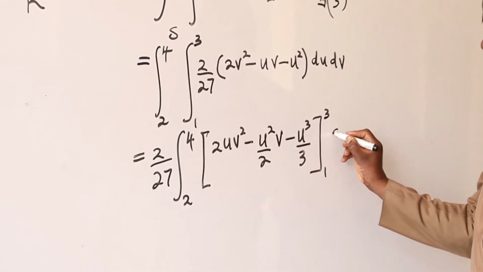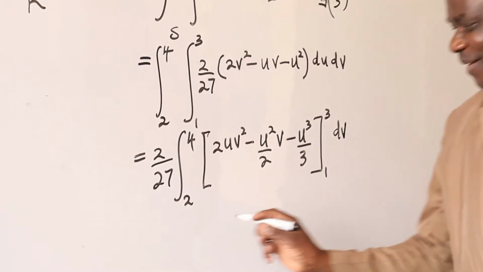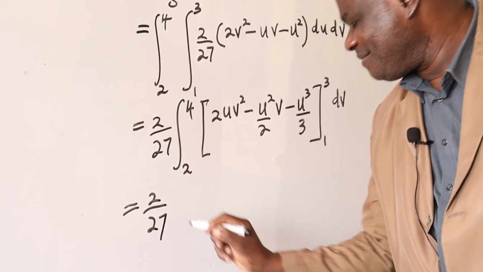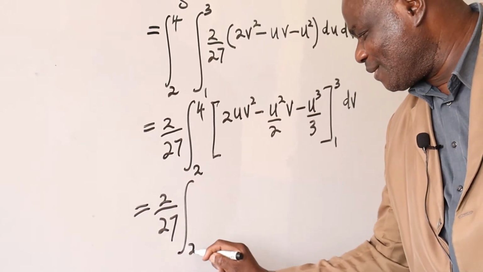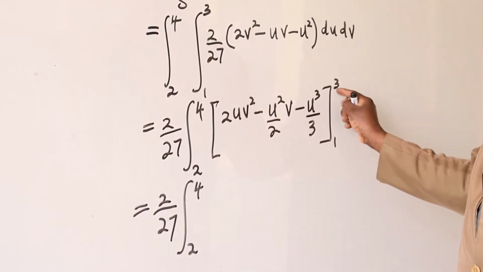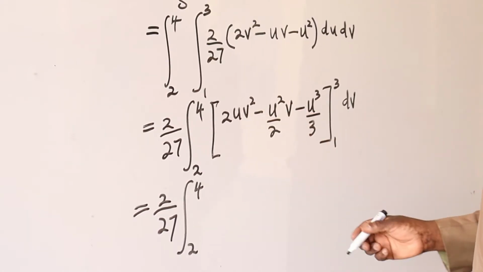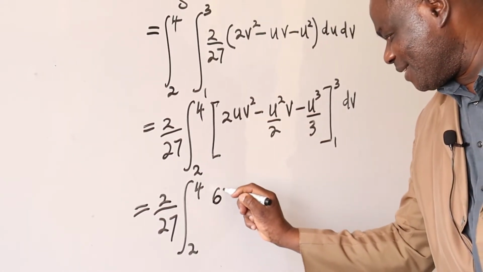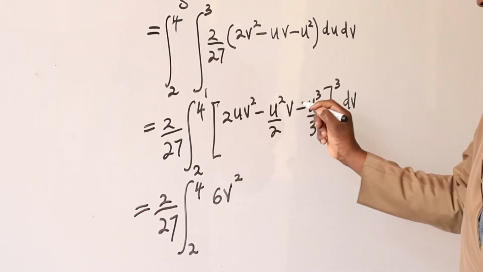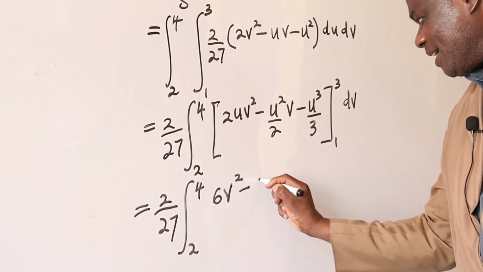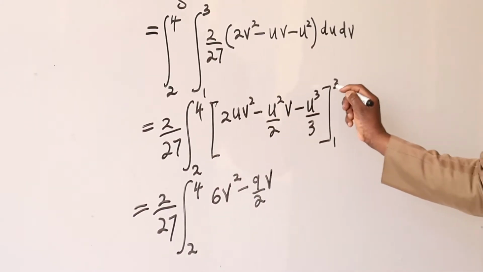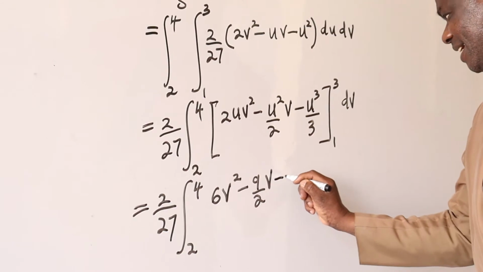Then we remain with dv, which is equal to 2 all over 27 from 2 to 4. We are now inserting limits for u, which gives 6v squared. Inputting 3 here, we get minus 9 all over 2v, and then minus 9.